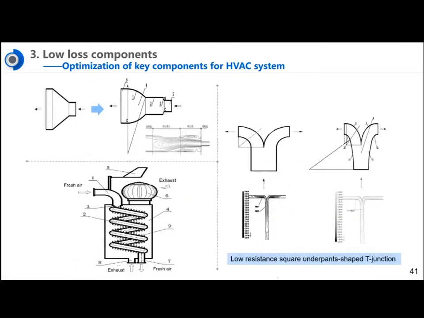Here are the optimized components for HVAC systems: outlets, and the different types of T-junctions.